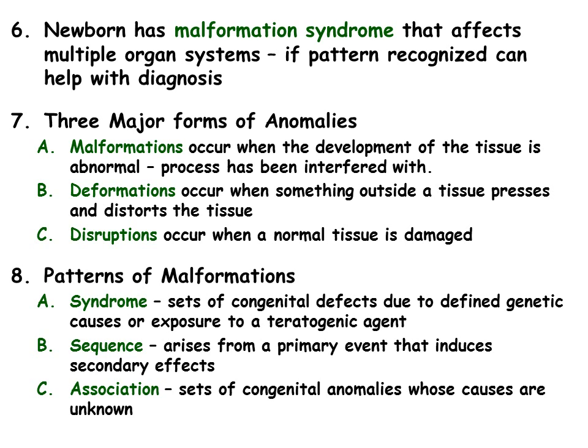A sequence, however, notice how we got another trinity here, arises from a primary event that induces secondary effects. An association is where we have sets of congenital anomalies whose causes are unknown. So we can't really call it a syndrome, because with a syndrome we know the cause and effect. And with the sequence we usually know the primary event.